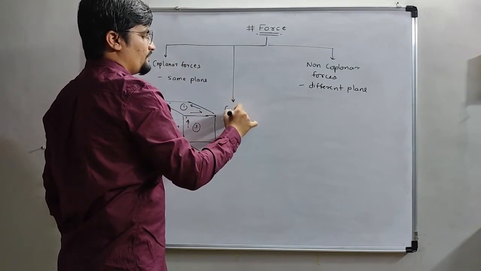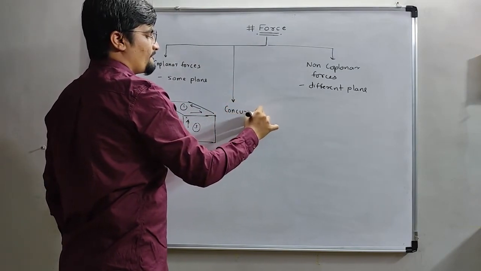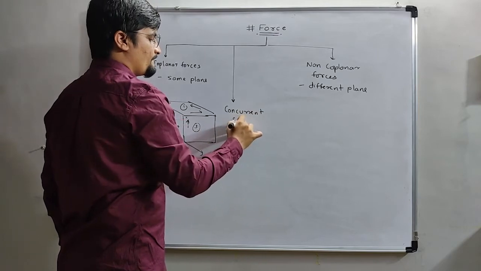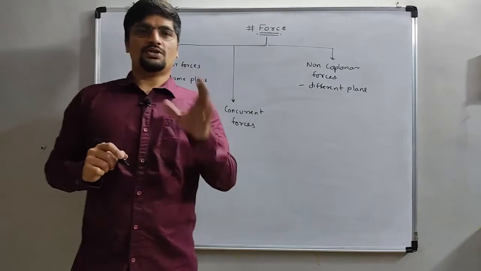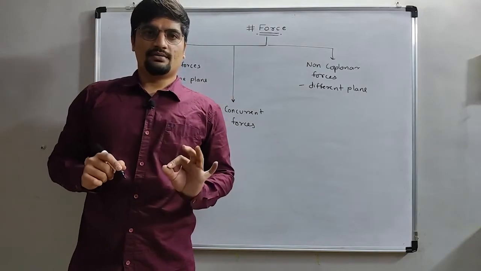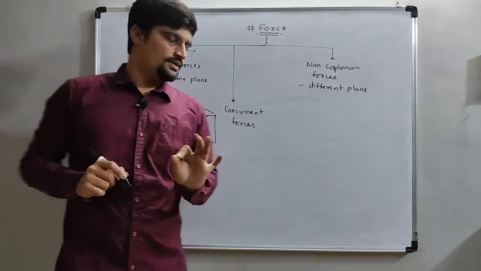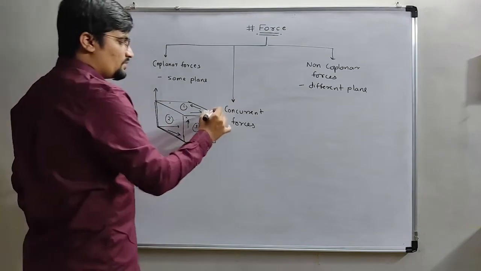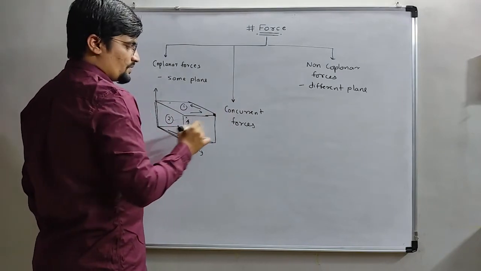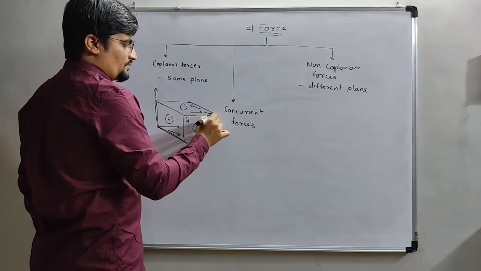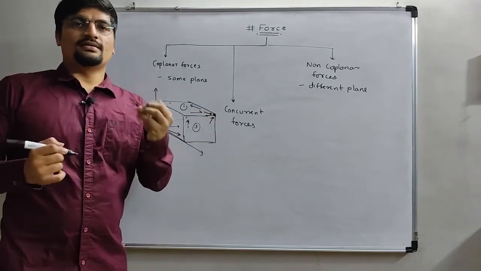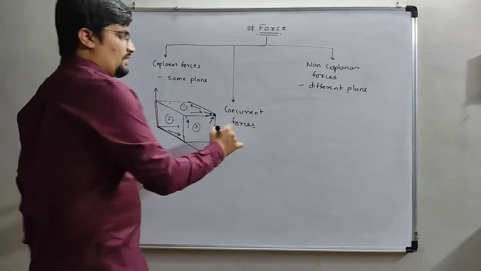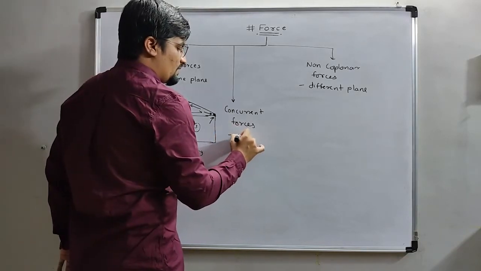Okay. Another one is concurrent forces. The forces which occur at a single point are known as concurrent forces. Single point means, suppose this is one point and the forces occur here, only here, then they are concurrent forces. In short, at a single point.